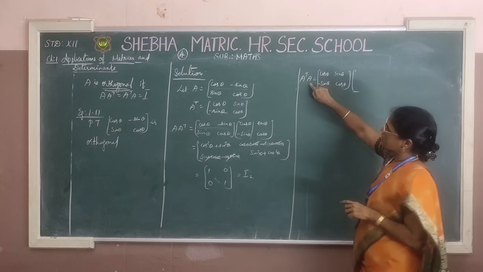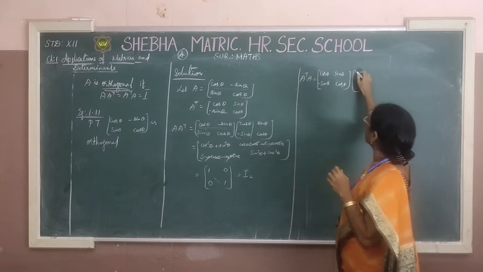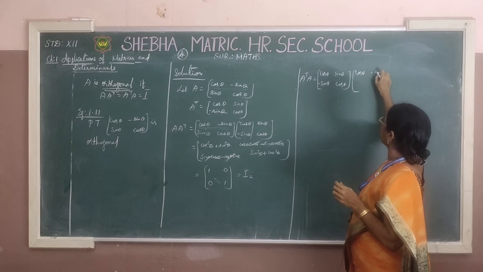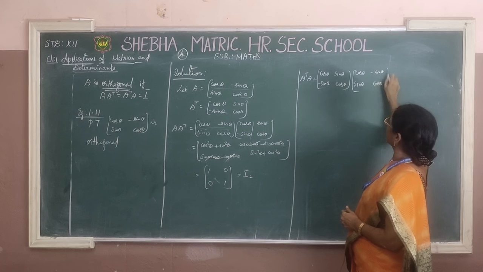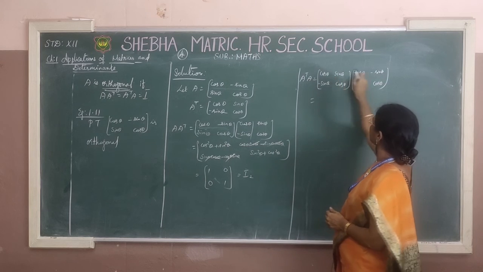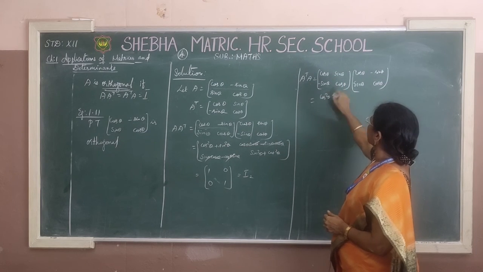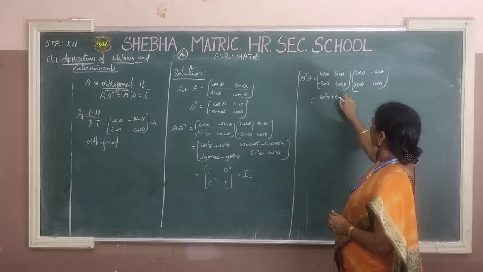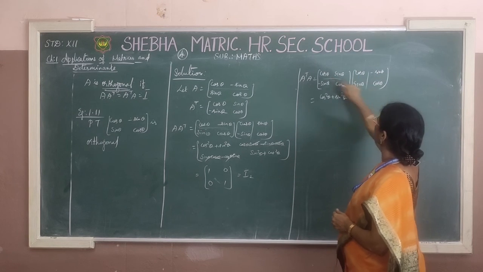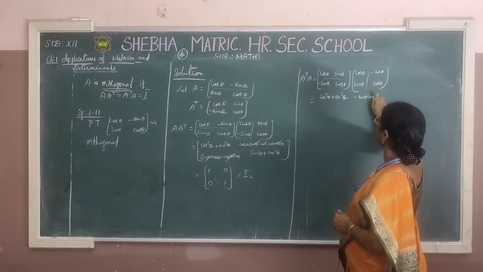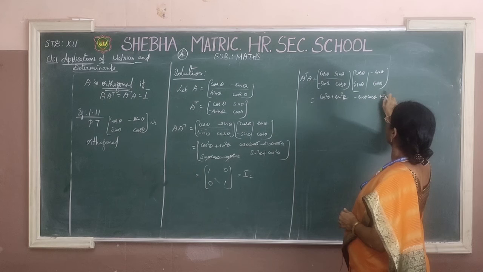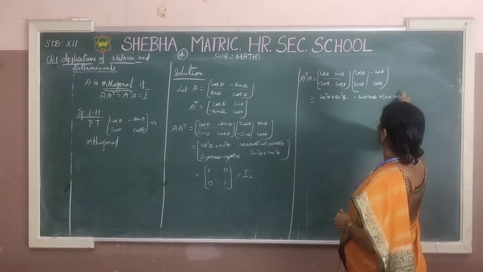So, A is what? A is this one, [cos theta, -sin theta; sin theta, cos theta]. So, multiply, we get cos into cos, cos square plus sin square theta. Next cos into minus sin theta, plus sin theta into cos theta.